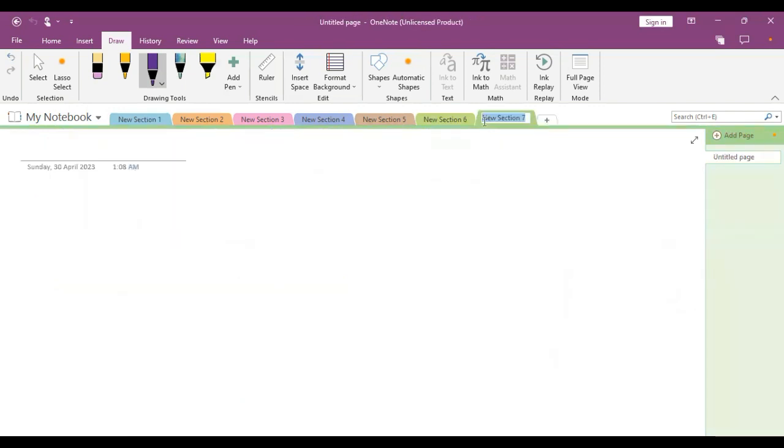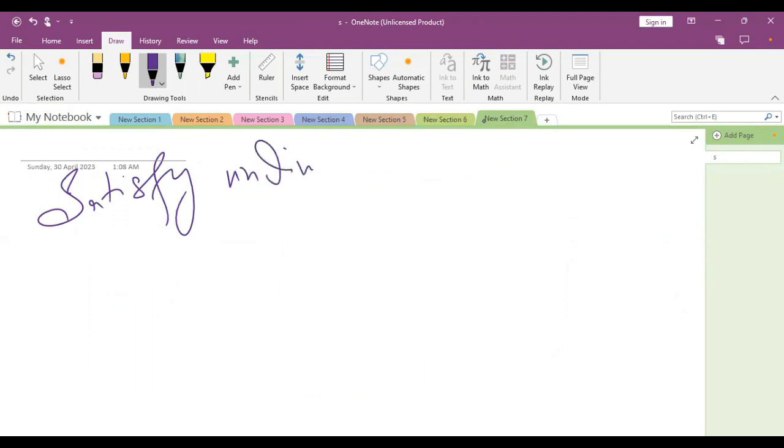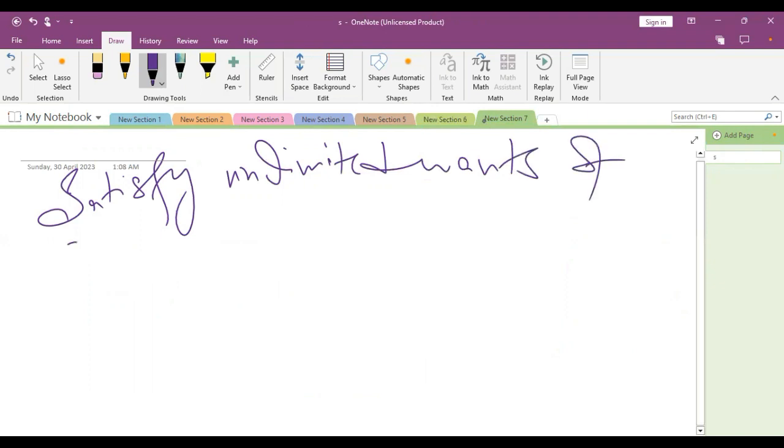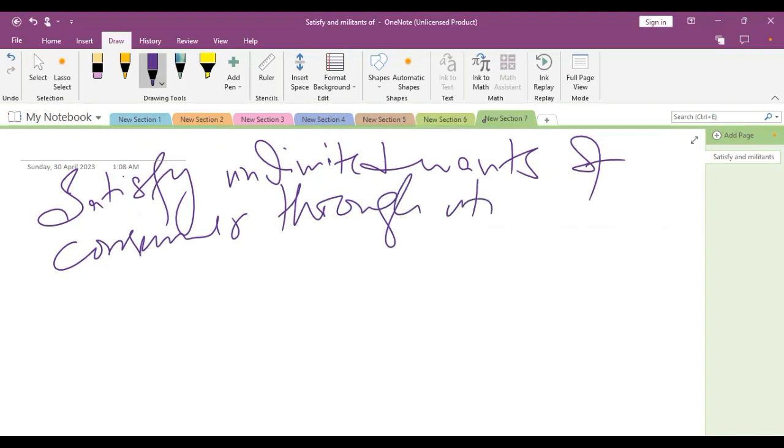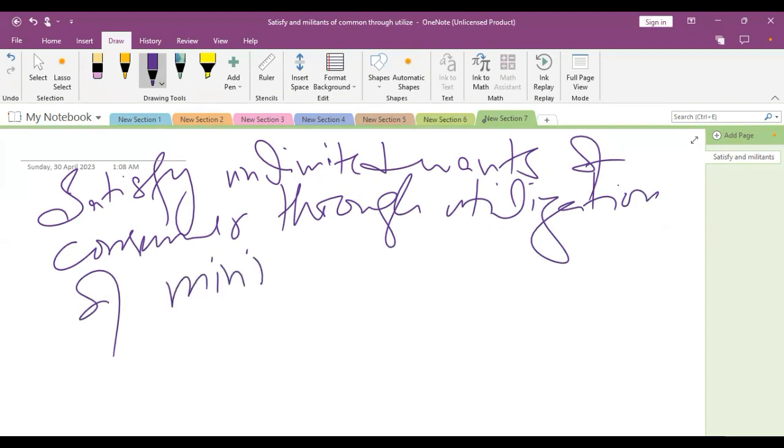The main objective of economics is to satisfy unlimited wants of the consumer through utilization of minimum resources.